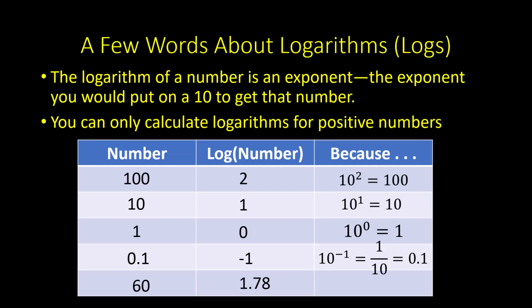That makes sense. The logarithm is between 1 and 2, and 60 is between 10 and 100, so you'd expect its logarithm to be between 1 and 2, and it is. You won't be doing anything like 60 in your head. That's what calculators are good for.